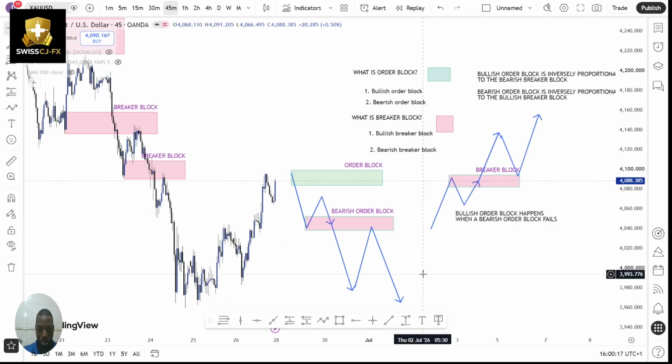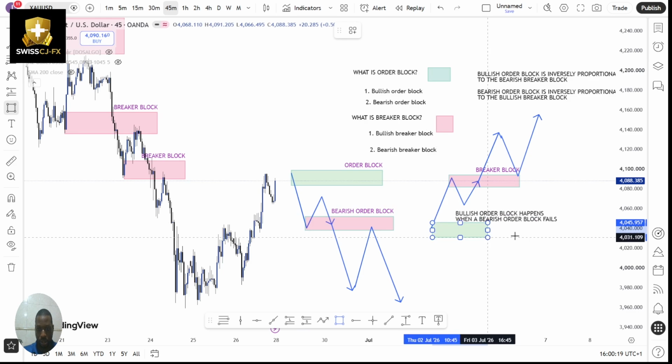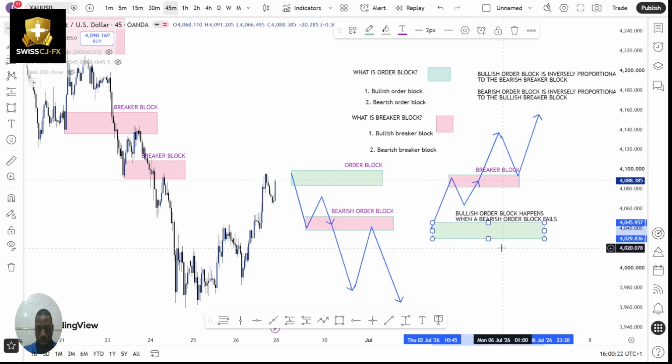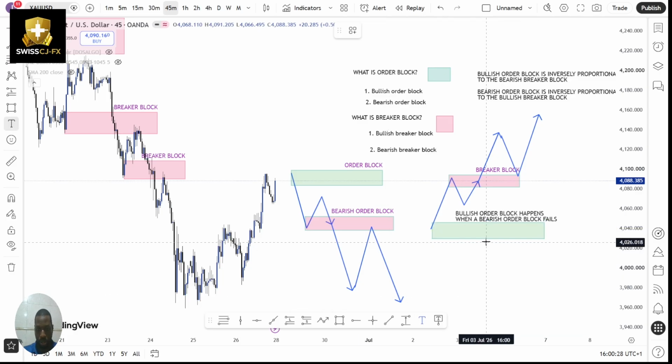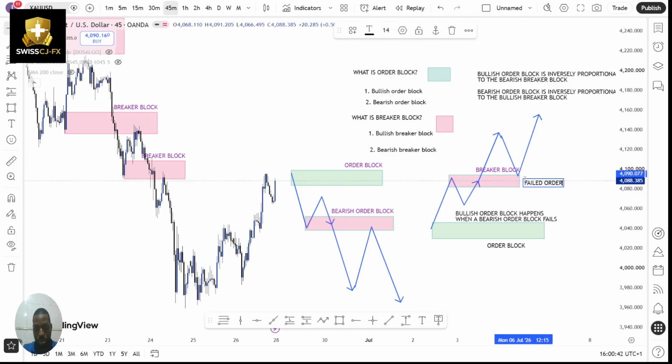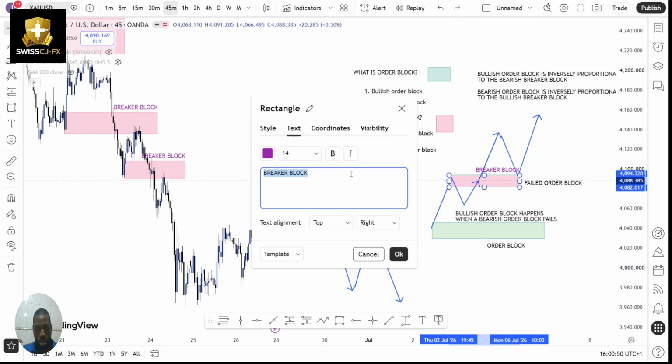So let me do this one for this also. So this is an order block. So this is also called a failed order block, which is the bullish breaker block.